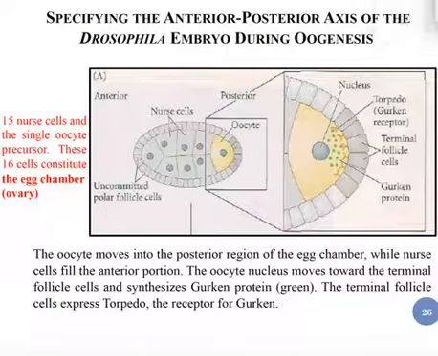So during the establishment of the anterior posterior axis of the oocyte, the oocyte nucleus will move towards the posterior region of the egg chamber.